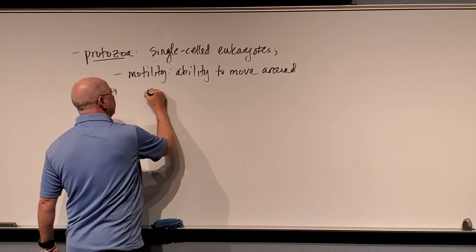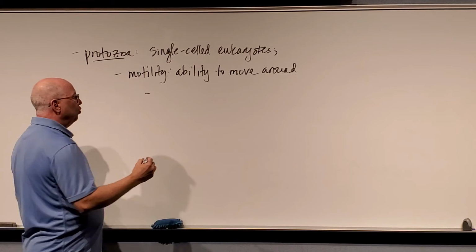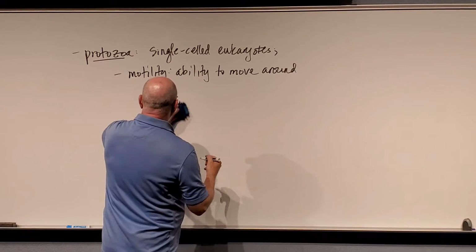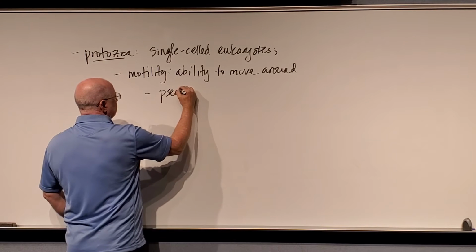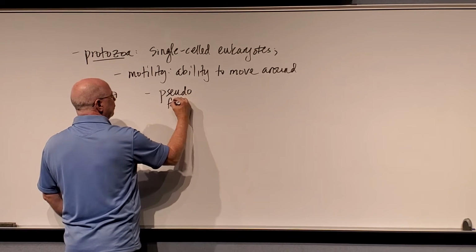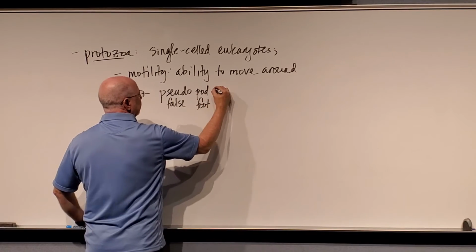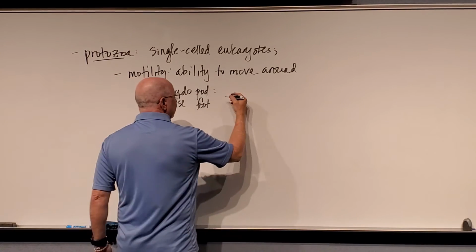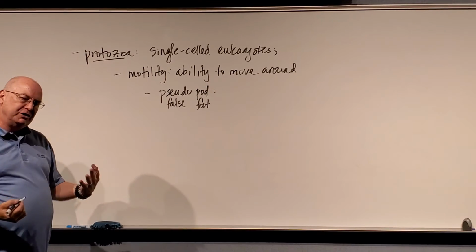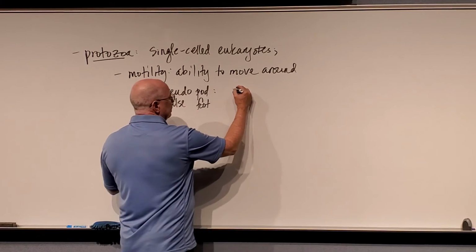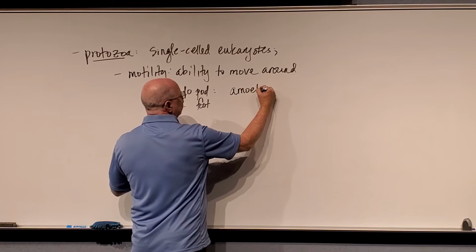And they exhibit that motility through a number of ways. One is they can use these things called a pseudopod. Pseudo means false or fake, and pod means foot. When they move by pseudopods, a good example would be an amoeba.